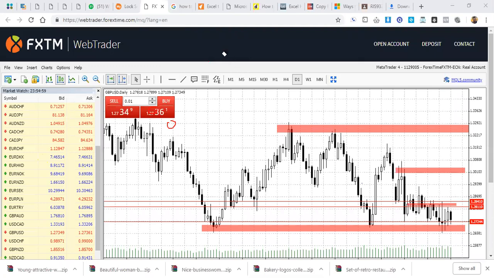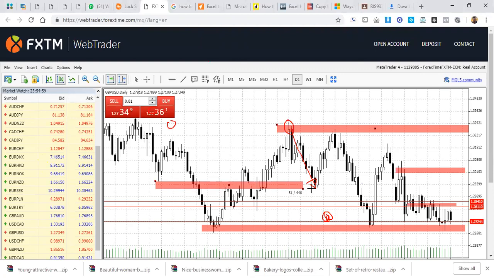Like when the market reached this level right here, the bears took over and the market fell down. So why did it fall down to this level and not this level? It's because this level is also a zone.